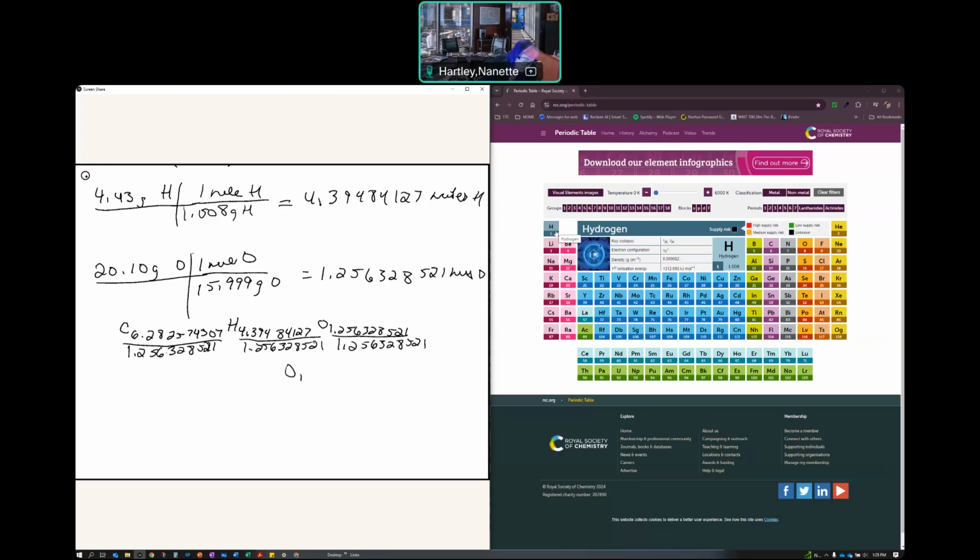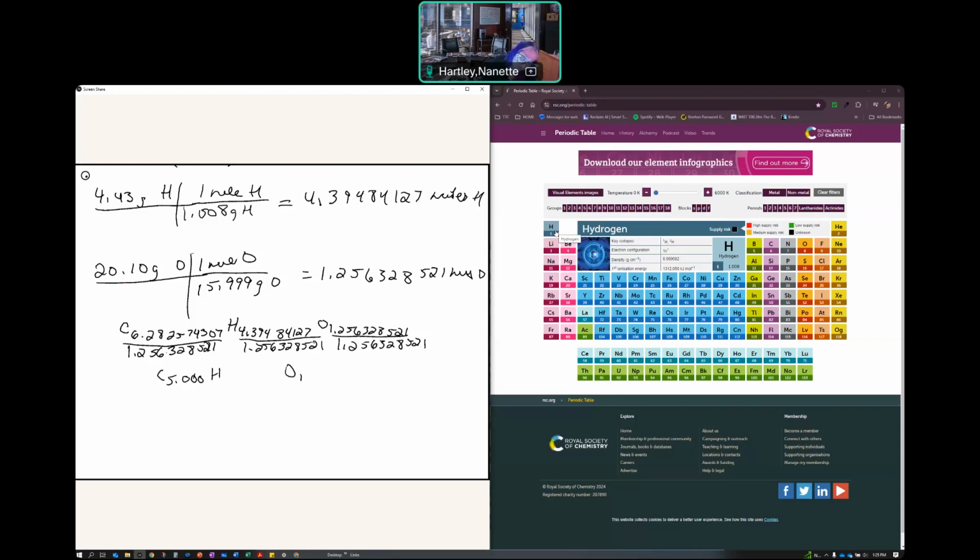If I take that 6.28 and I divide that by the 1.256, I end up with carbon 5.000. 4 sig figs, because the number I started with for the carbon was 4.